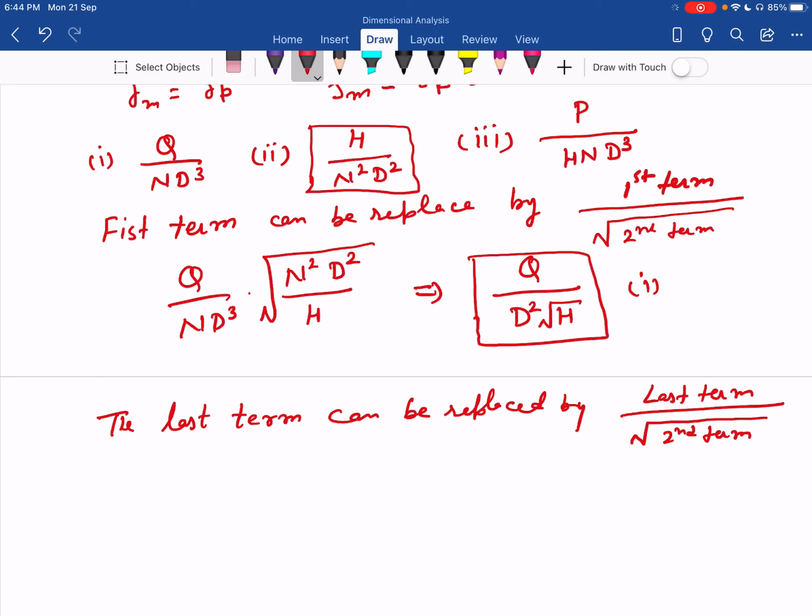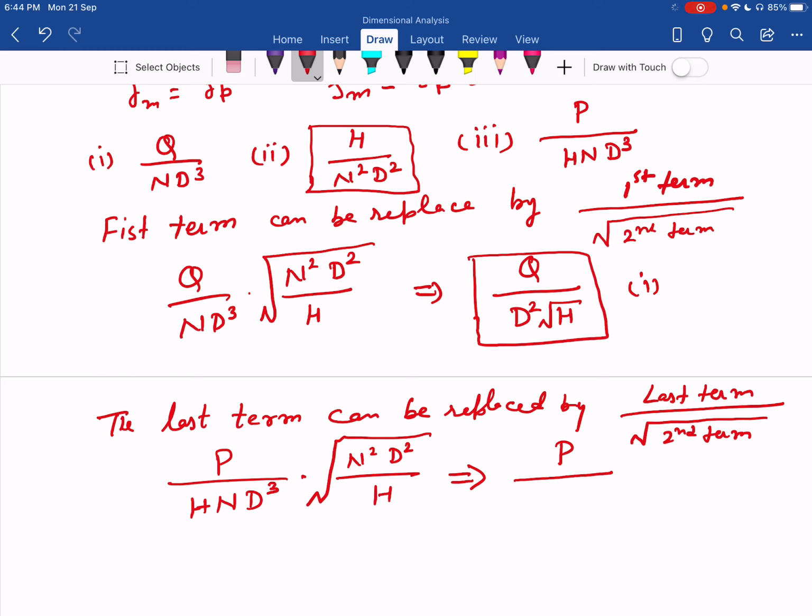So I can write the last term, p divided by h n d cube, into under root of n square d square divided by h. So that I can write as p upon d square h raised to power 3 by 2. So this is my third term now.